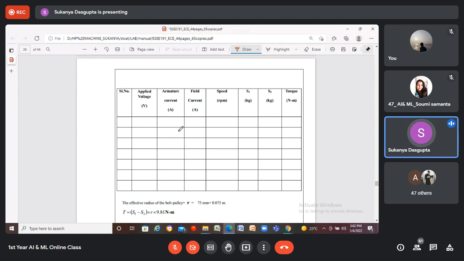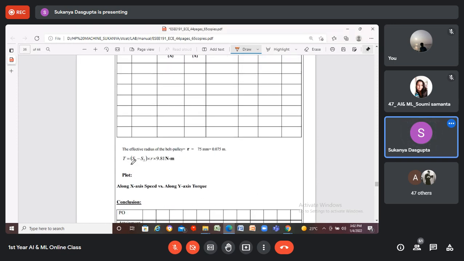So here speed and torque both are varying, and we'll see that speed is inversely proportional to the torque. So you will calculate the torque with this formula: S1 minus S2 into r into 9.81.